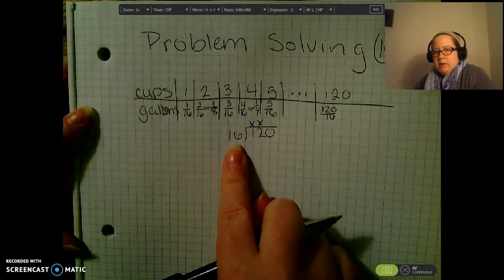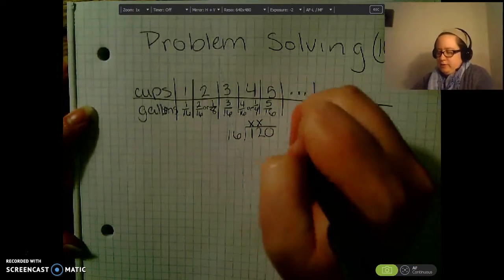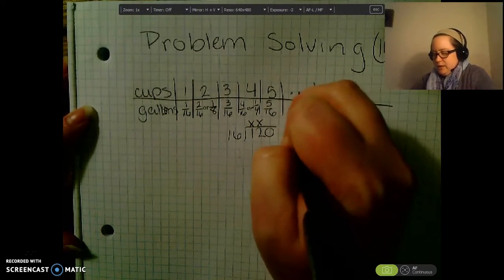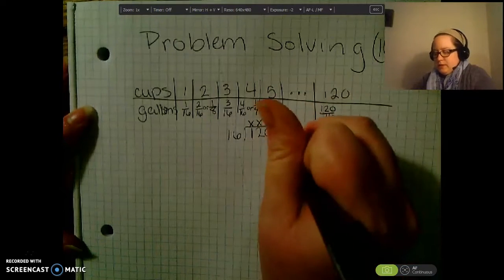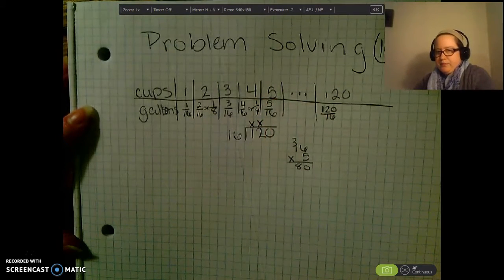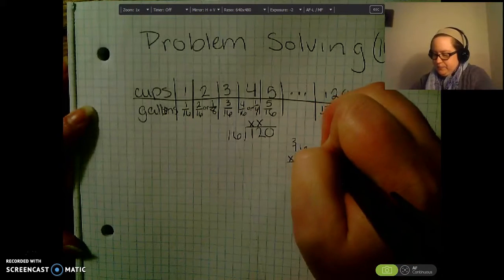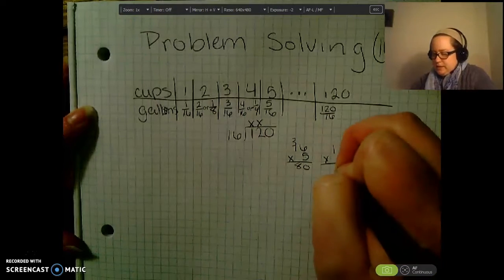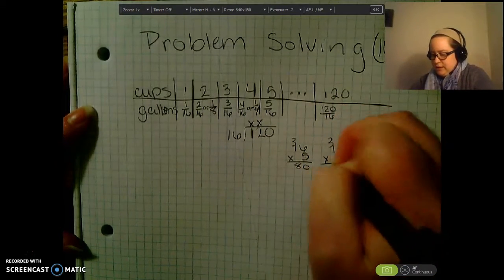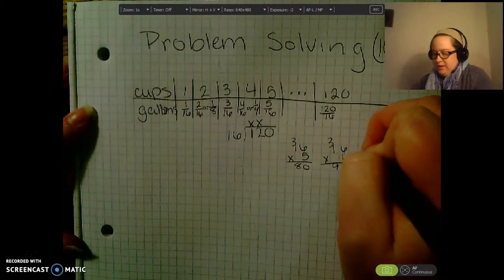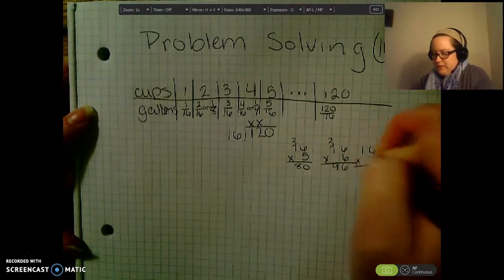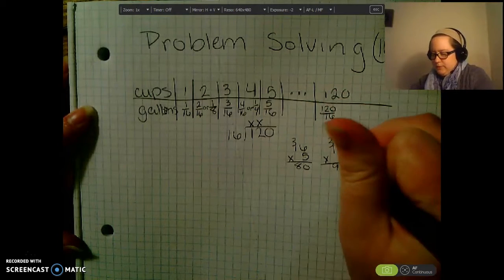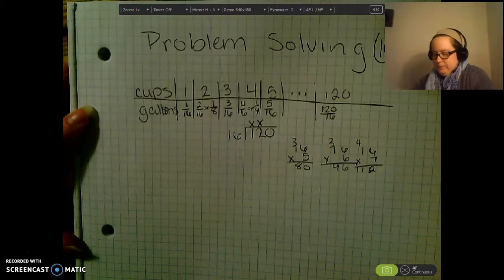So we can try some different problems. Let's start with 5. So if we do 16 times 5, 5 times 6 is 30, 5 times 1 is 5, plus 3 is 80. So let's try 6. 16 times 6, 6 times 6 is 36, 96, so we're getting closer. 16 times 7, 7 times 6 is 42, 7 times 1 plus 4 is 11.